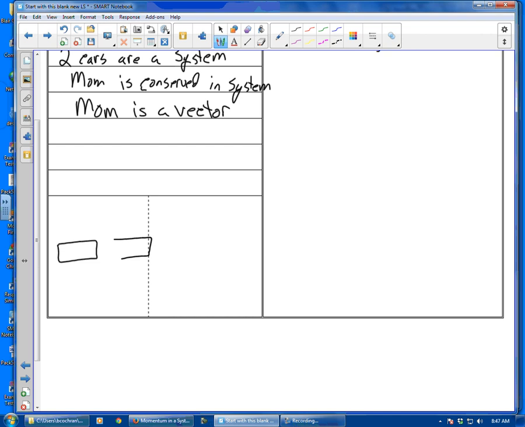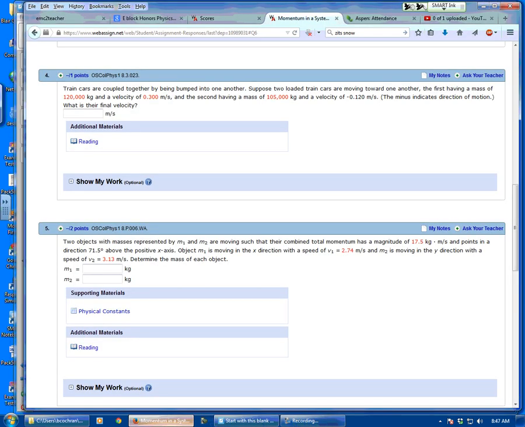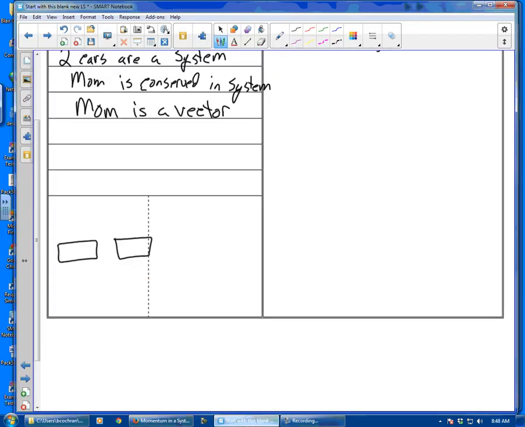So beforehand we got cars. How do they note them? I'm going to call mine the 120 and the 105. So this is the 120 and this is the 105. And so the momentum of the 105 is going that way to start. Momentum of the 120 is going that way.